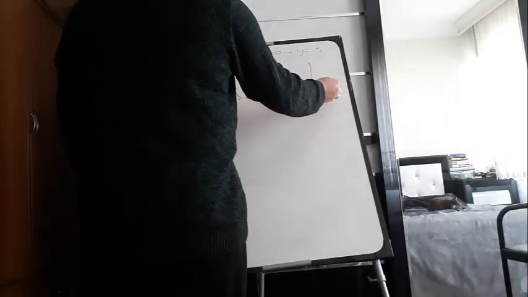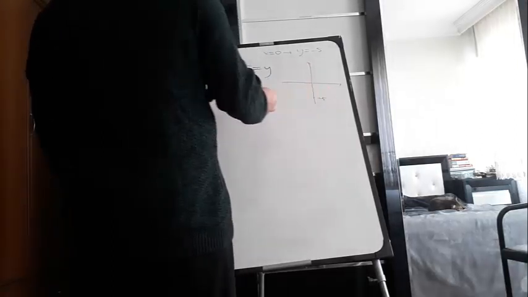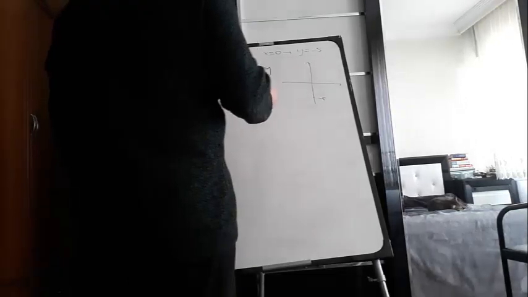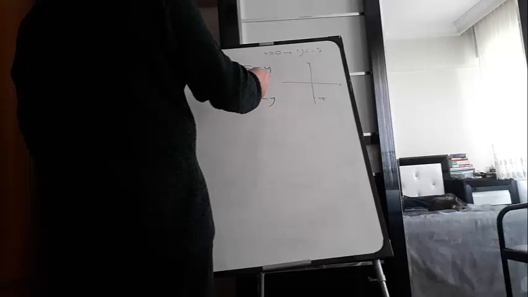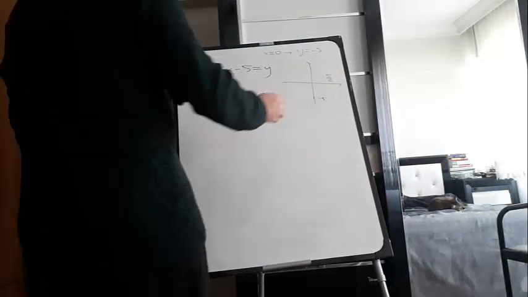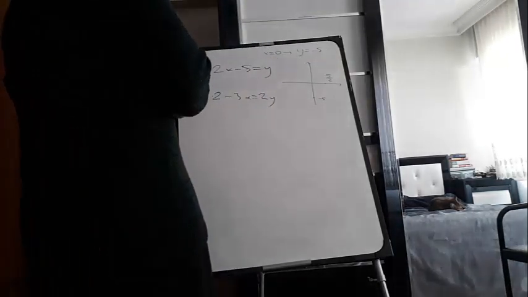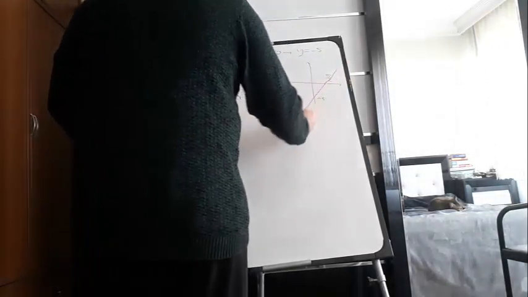On the y axis it is minus 5. And then we take y 0, then x is 5 over 2. It means that this line crosses these 2 points like this.